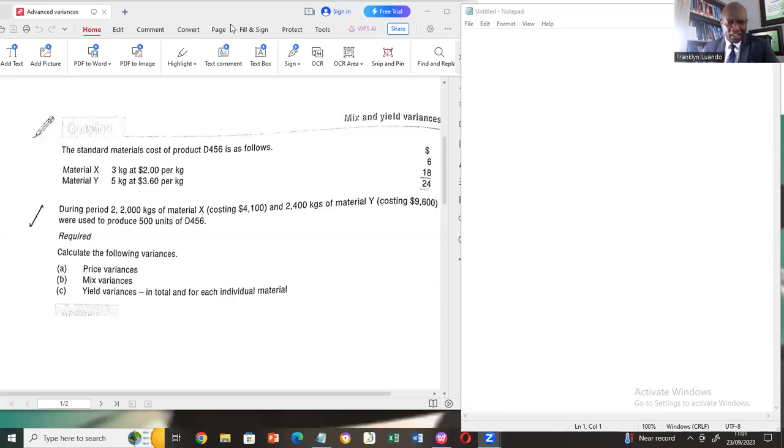Calculate the following variances, the price variances.